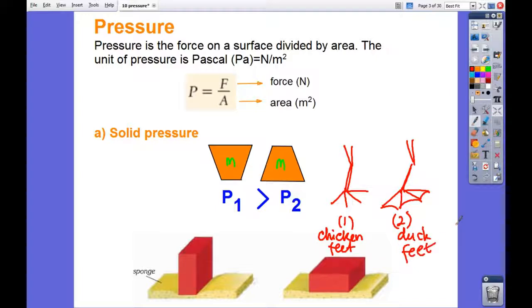As you know, a duck lives in a muddy area. When it walks on the mud, its feet will not sink very deeply. But when a chicken lives in a muddy area, its feet will sink very deeply. So each of the feet is designed differently, depending on the environment.